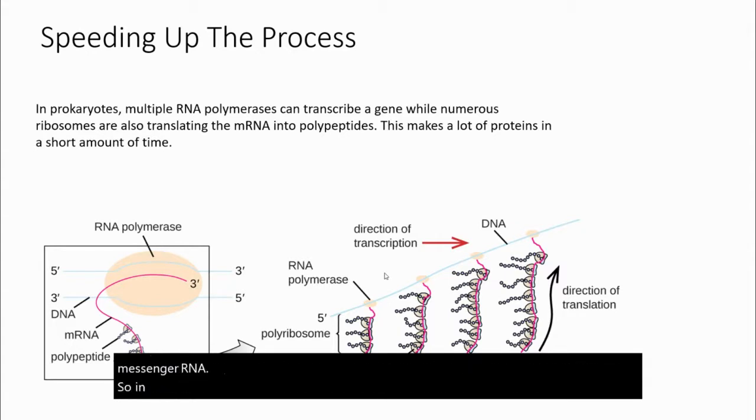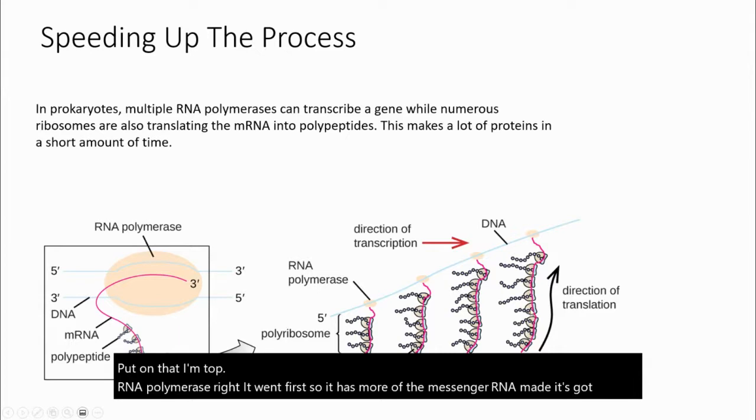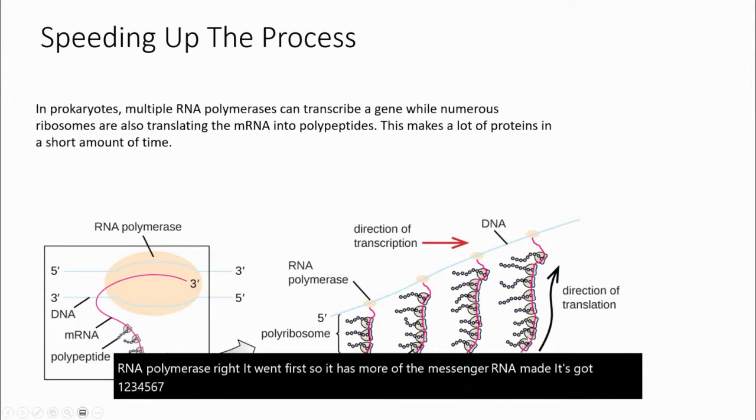In this picture, I don't know if I can see all of it, but on that top RNA polymerase, it went first, so it has more of the messenger RNA made. It's got 1, 2, 3, 4, 5, 6, 7, 8 ribosomes, all creating the same protein off of that messenger RNA.